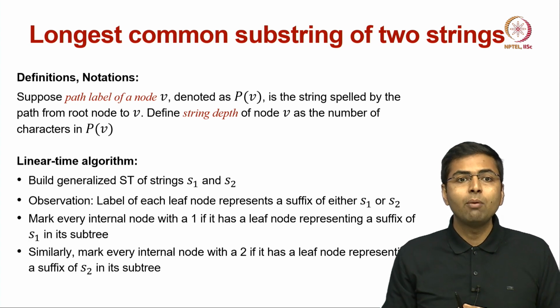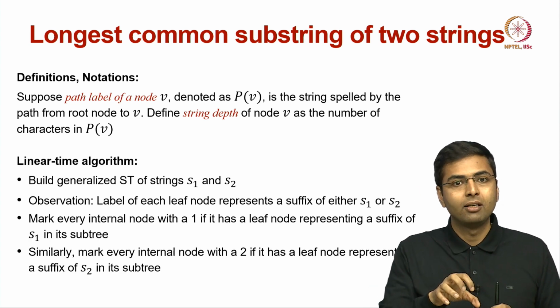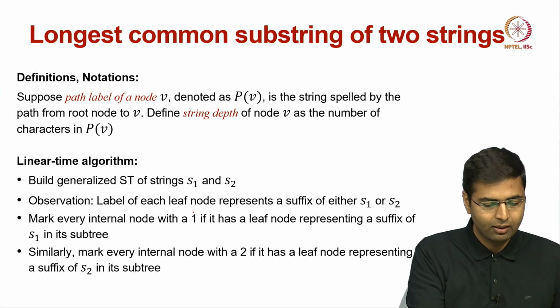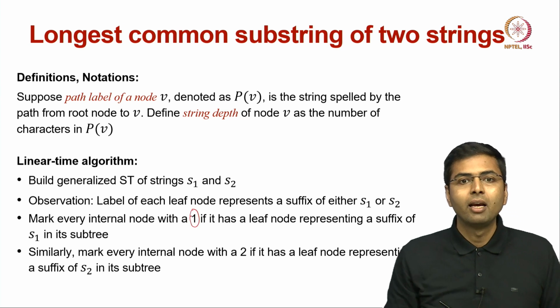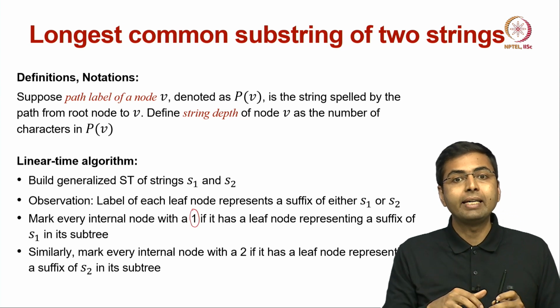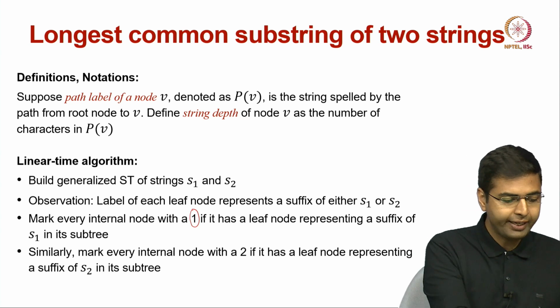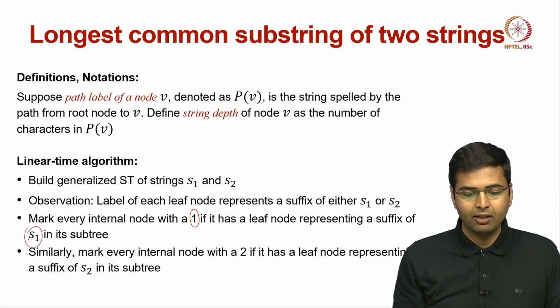What we will do is mark every internal node with symbol 1 if it has a leaf node representing a suffix of string S1 in its subtree.